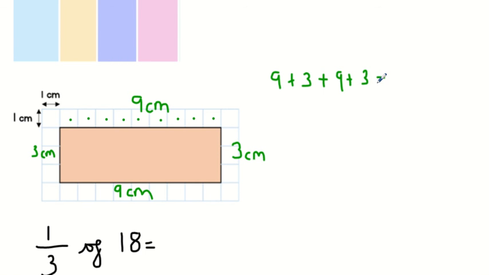Now I'm sure you've got lots of different ways of working this out, Year 6. 2 lots of 9 is 18. 2 lots of 3 is 6. 18 add 6 is 24. That's right. Can you remember what unit of measurement I will need to put on the end? Fantastic, Year 6. Centimetres.